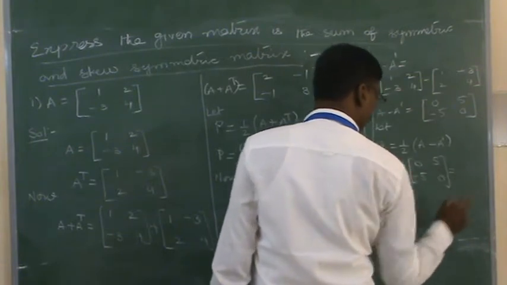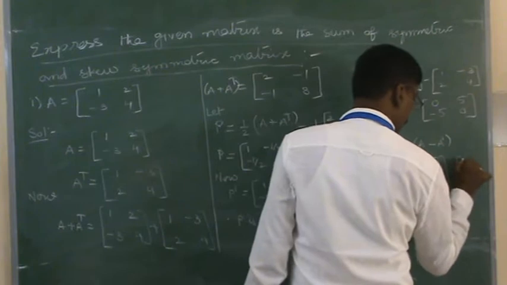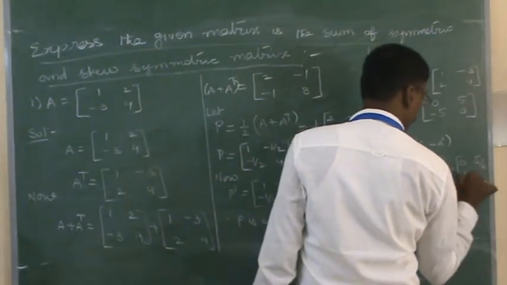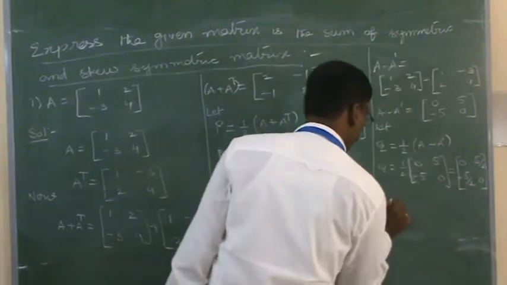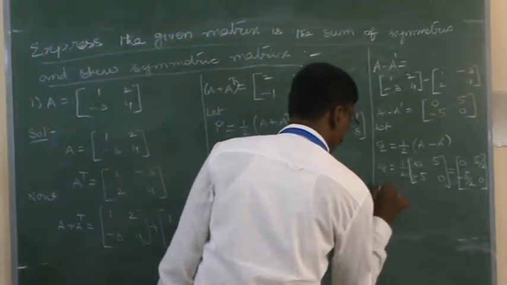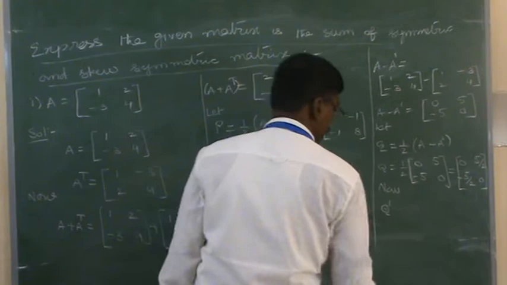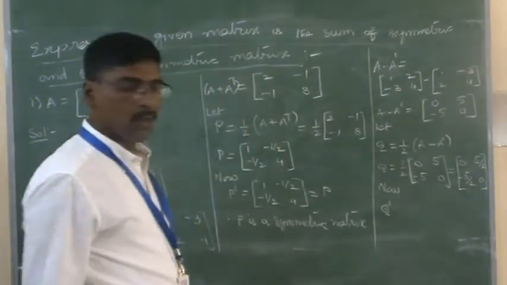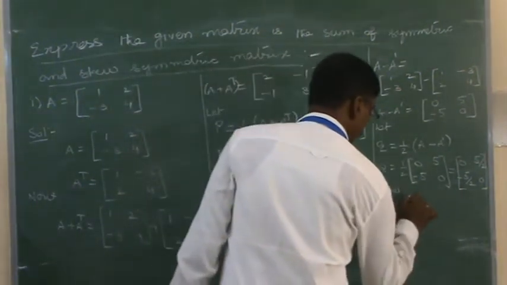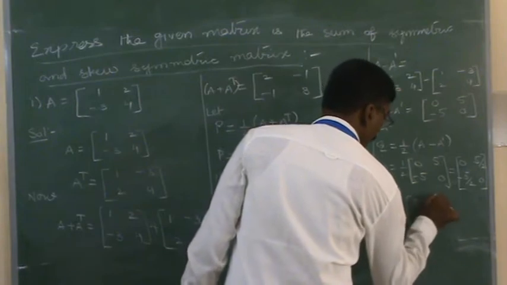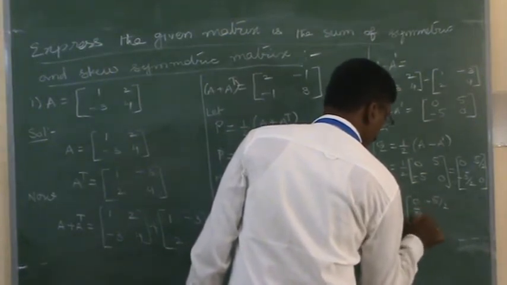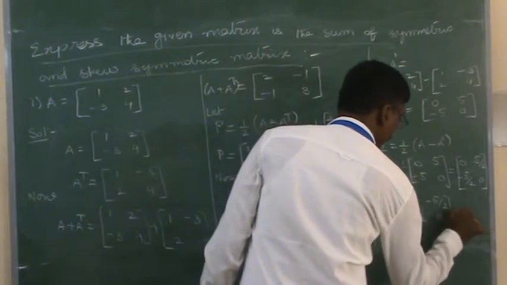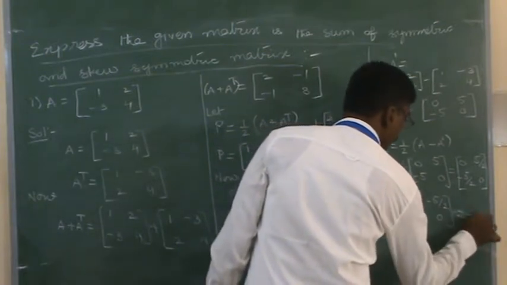The answer we are getting is 0, 5 by 2, minus 5 by 2, 0. Here we need to find out transpose of Q. Now, we are finding Q transpose. The answer can be written as 0, minus 5 by 2, 5 by 2, 0. This can be written as minus Q.